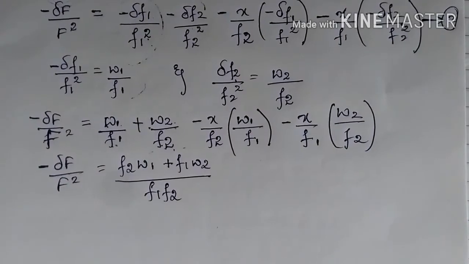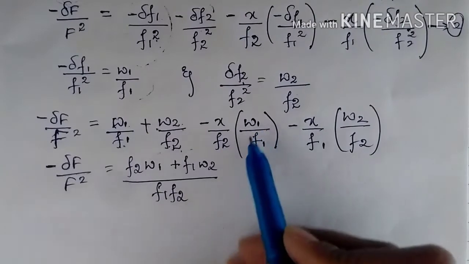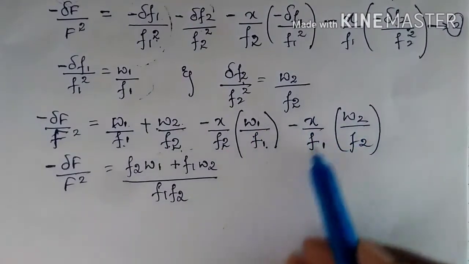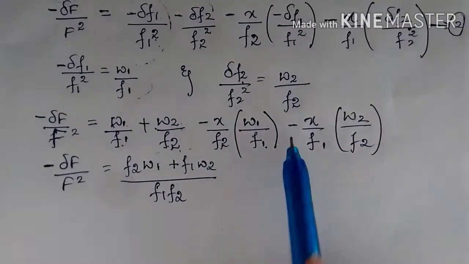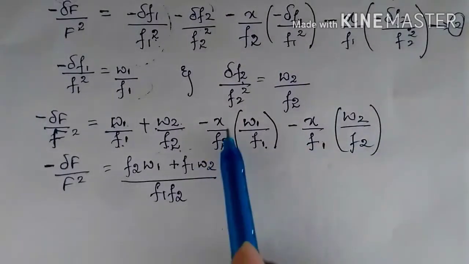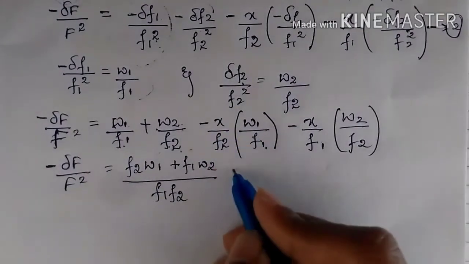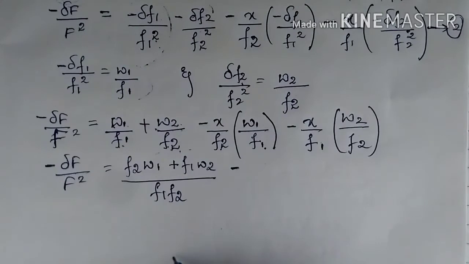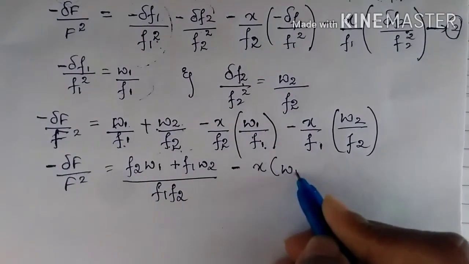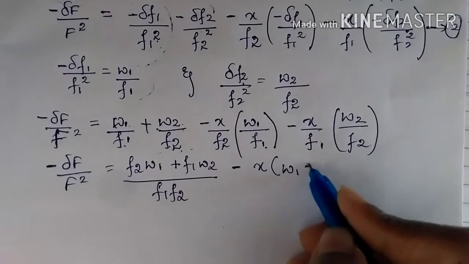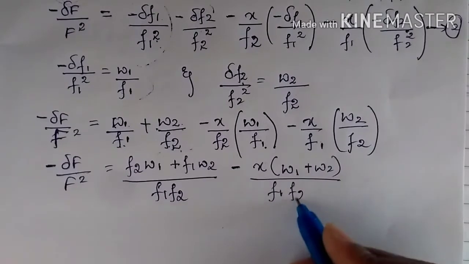Similarly you have x terms also: x omega 1 divided by f2 f1 minus x omega 2 divided by f1 f2. So the denominator terms are the same, f1 f2 and f1 f2. What is different is the numerator terms. If you take minus common and f1 f2 common, then you can write x times omega 1 plus omega 2 divided by f1 f2.